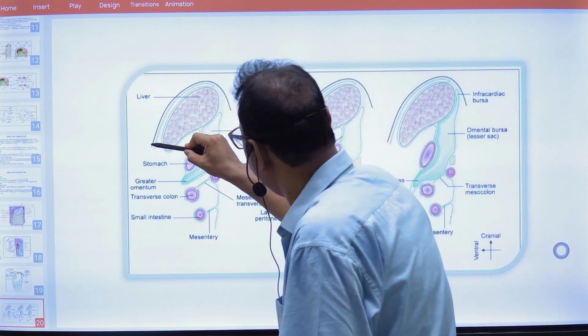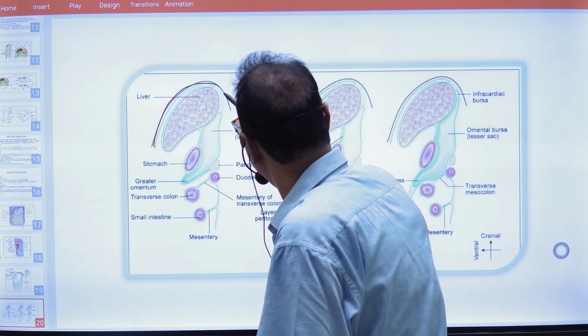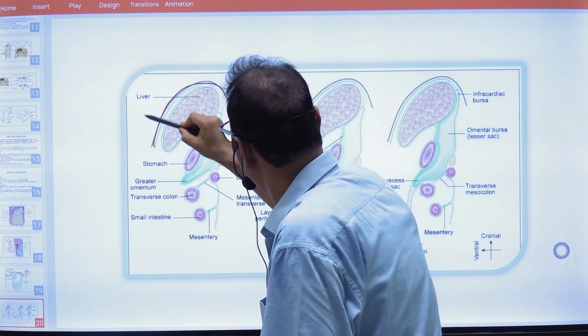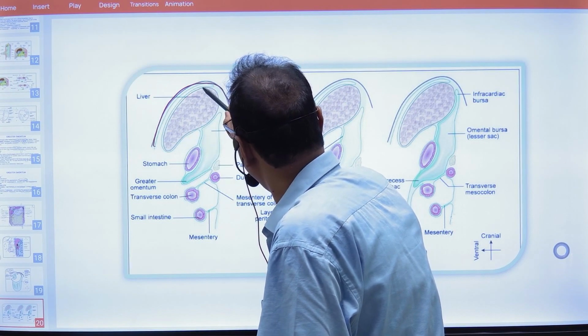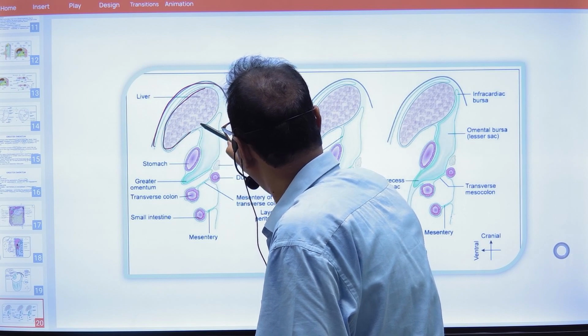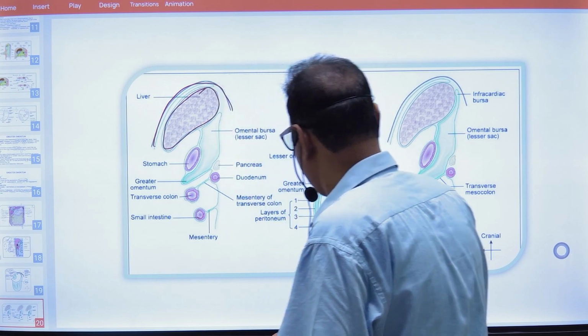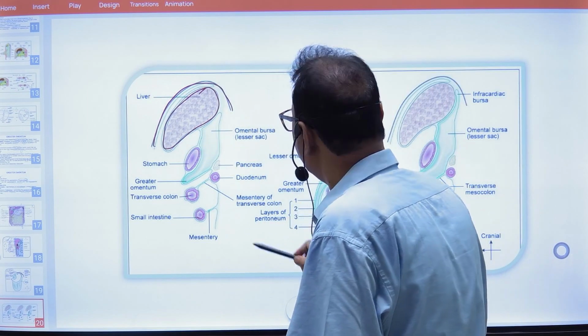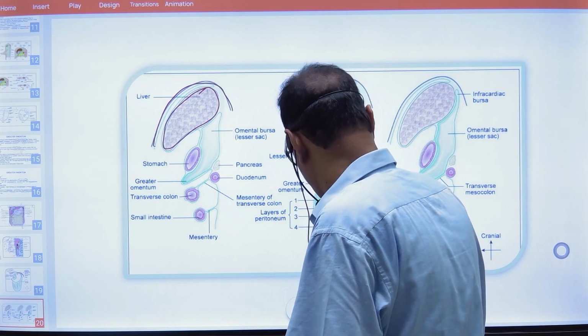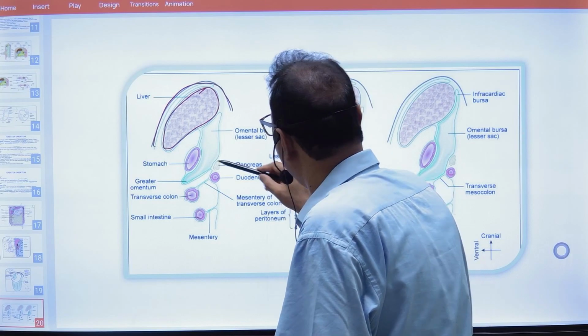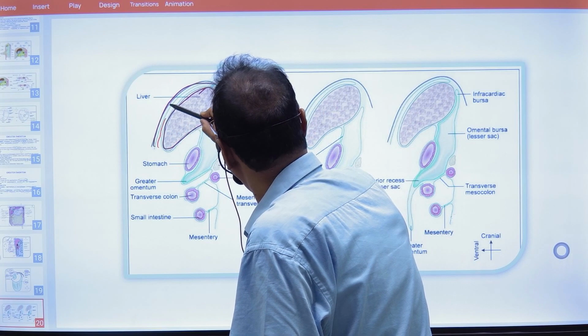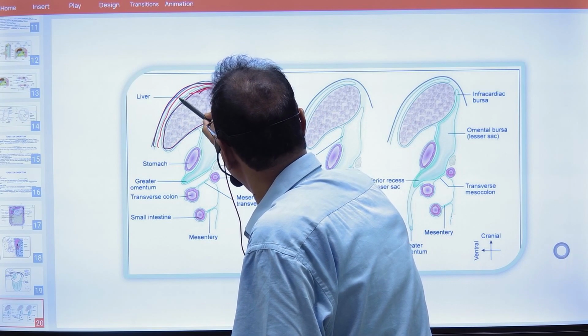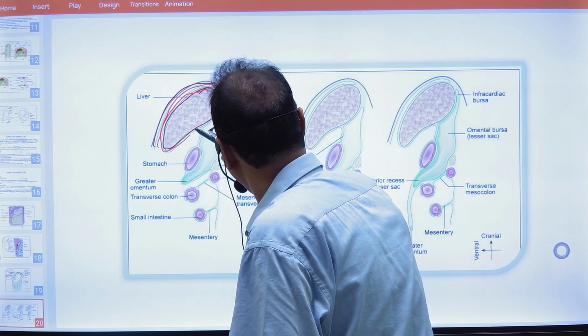In the diagram you could see that this is the liver, this is the diaphragm. This is the greater omentum. This is the peritoneum, coming like this.